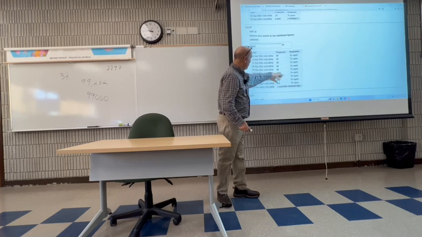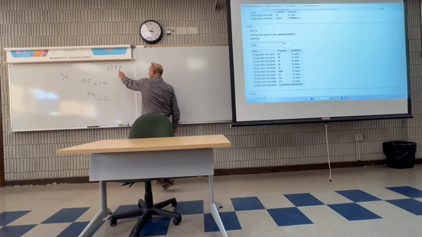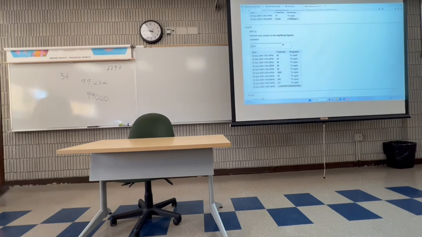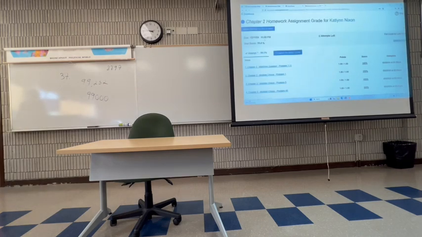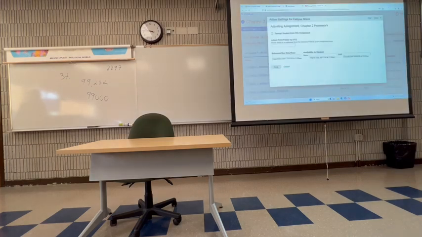So anyway, that would be that number in 2 significant digits. Now, let me show you how easy it is to do this. I had to do this, of course, for everyone this time.